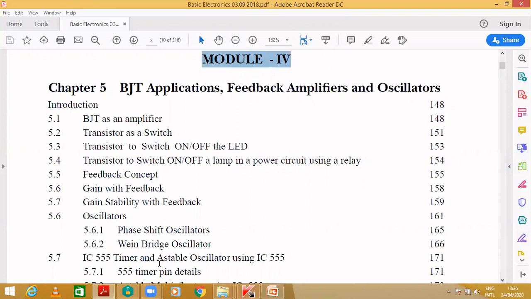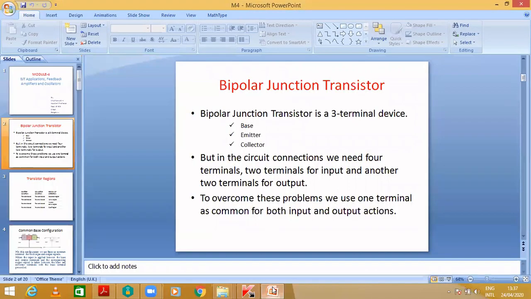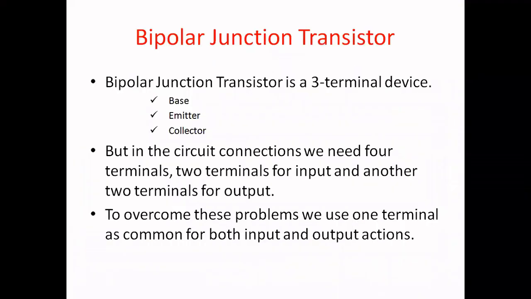Before starting with module 4, let me introduce what we mean by BJT. BJT is nothing but bipolar junction transistor, a three-terminal device, namely base, emitter, collector.